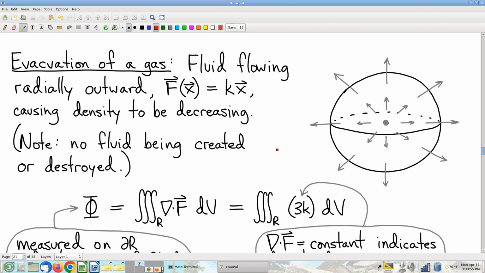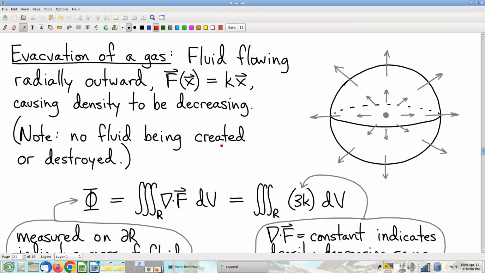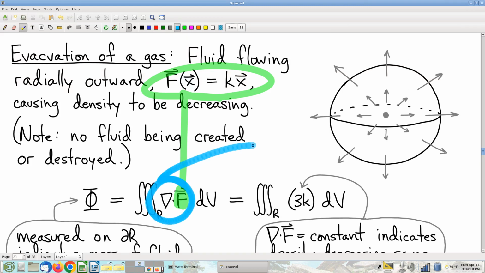Okay, now, we can still write down the divergence theorem. We can still ask, what does this mean? How do I interpret the quantities involved? Real quick, let me point out that the fluid flow itself being known, right, there's our fluid flow formula, and you can compute the divergence of that, and it ends up being 3K.